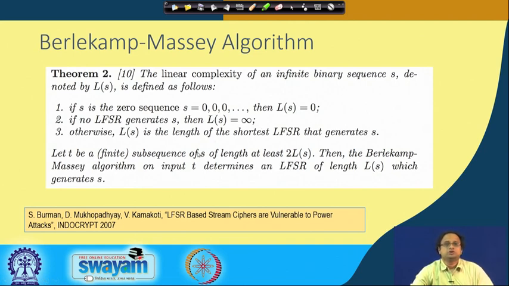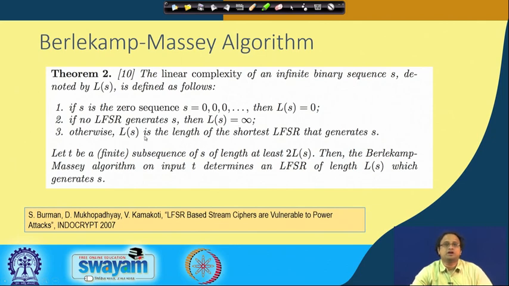The algorithm defines something called the linear complexity of an infinite binary sequence, denoted by LS and defined as follows. If S is a 0 sequence, something like S equal to 0, 0, 0 and so on, then we define LS to be 0. On the other hand, if no LFSR generates S, then I set LS to be infinity, which means that no finite linear feedback shift register can generate this sequence.